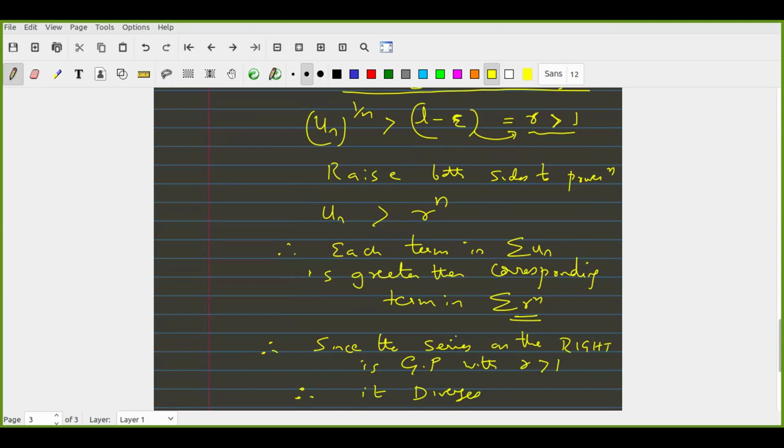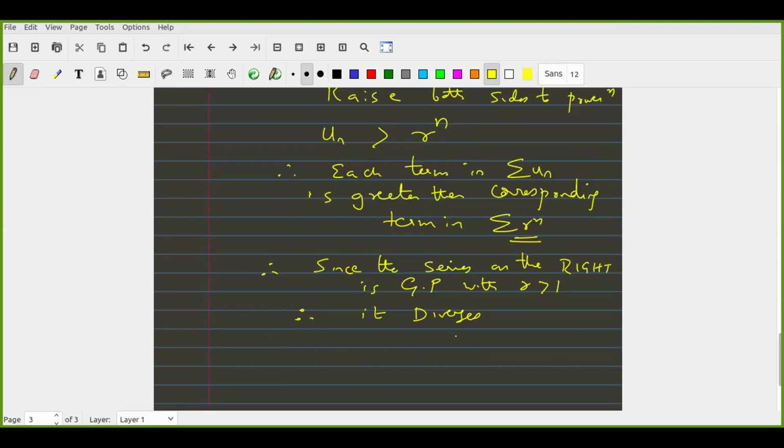And every term on the left-hand side is greater than such a series. Therefore, our series summation un also diverges. So that ends the proof. Thank you.